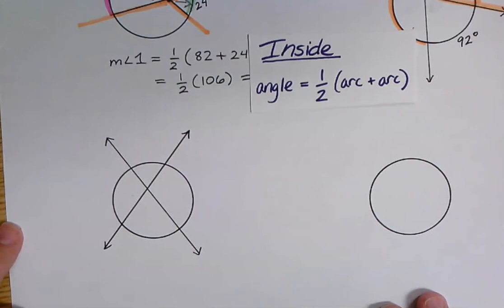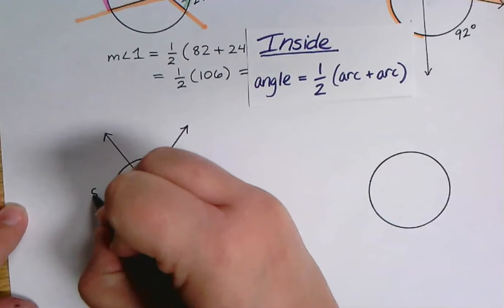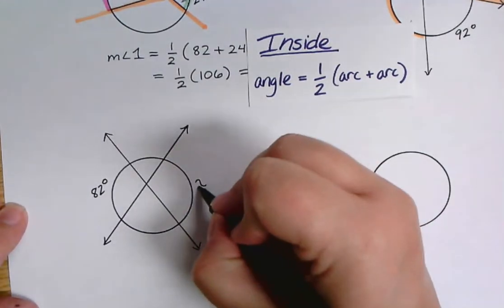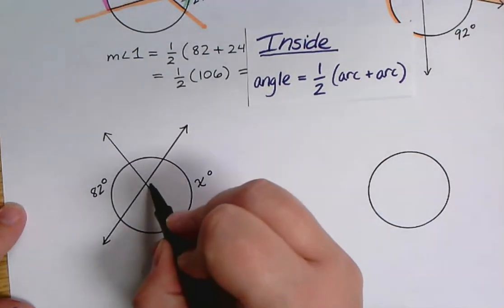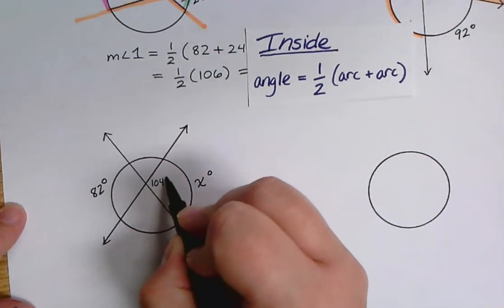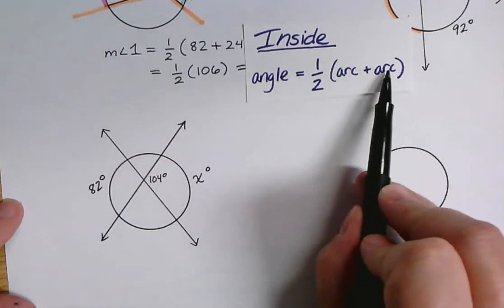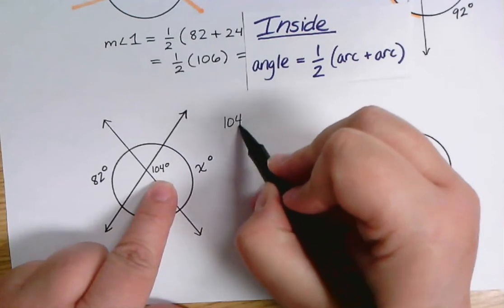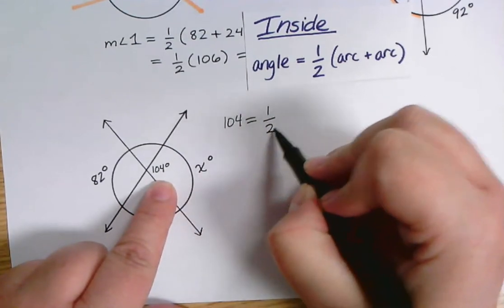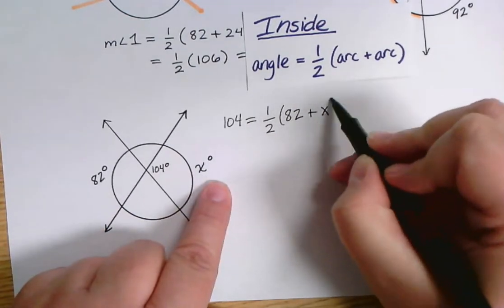It's not always the angle that we're looking for. I just wanted to point that out. What if this is 82 degrees and this is X degrees and this is 104 degrees? Okay, the angle is half one arc plus the other arc. So angle 104 is half of one arc plus the other arc.